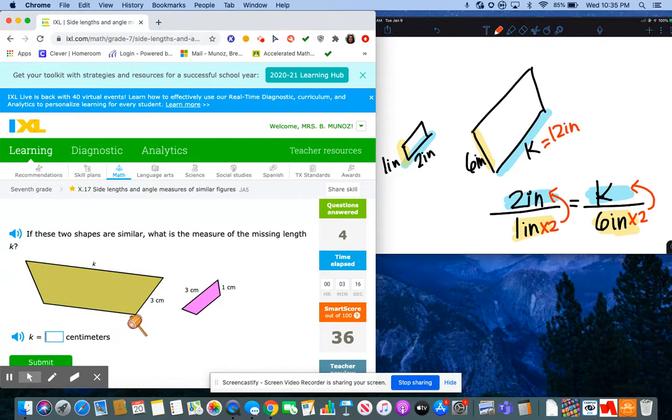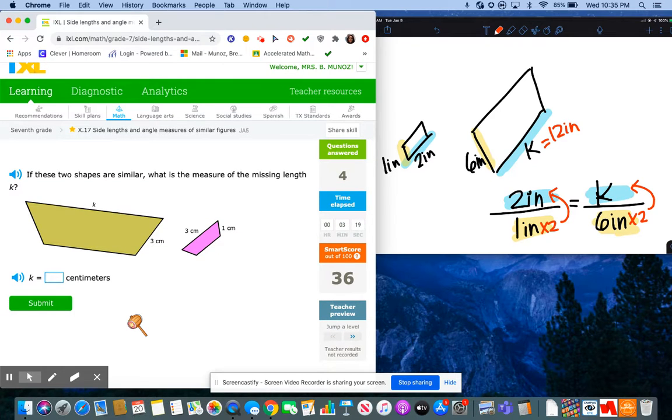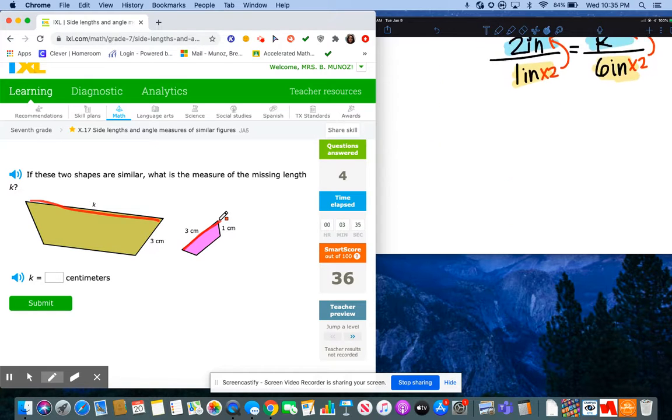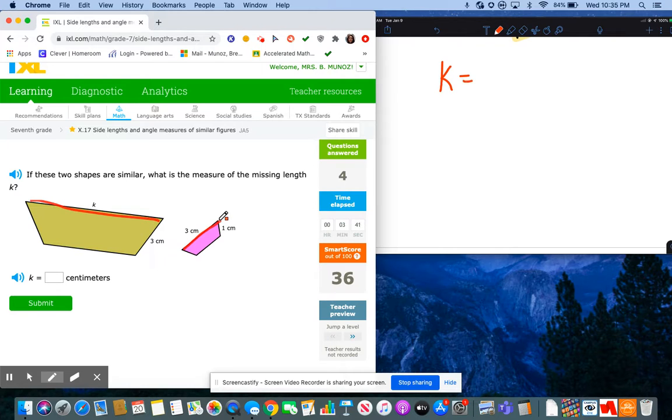And then here I have these two trapezoids. Let me see if I can use these. I see here, K is corresponding to 3, right? So I'm going to set up a proportion here, and I'm going to say K is corresponding to 3. And then I'm going to use this color. 3 is corresponding to this one right here.